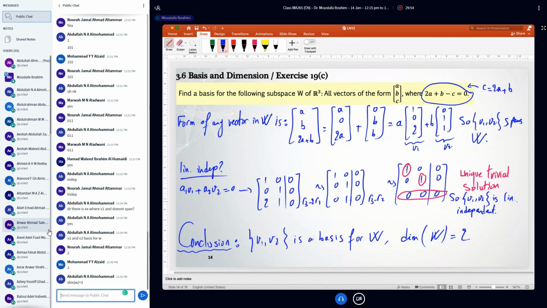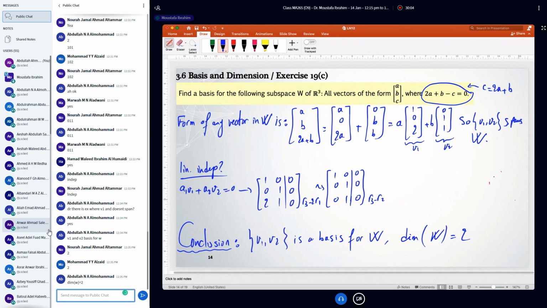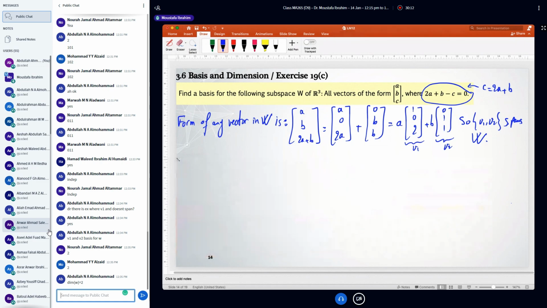I will erase, okay? So we have seen that V1, V2 is a basis. So basically, if we plot R3, what does R3 mean? You have x, y, z. Correct?